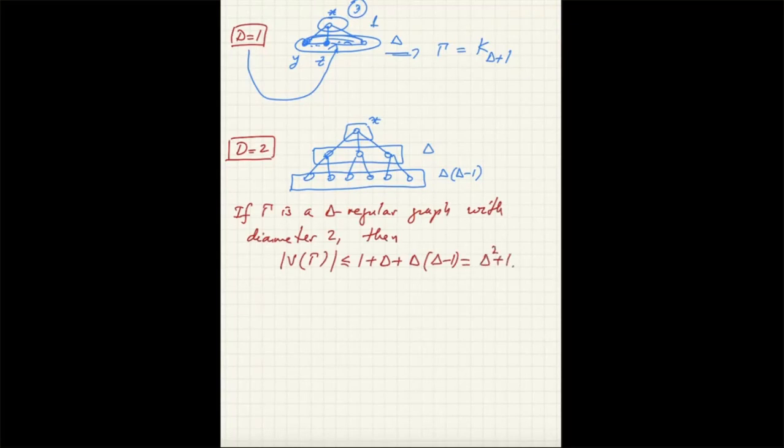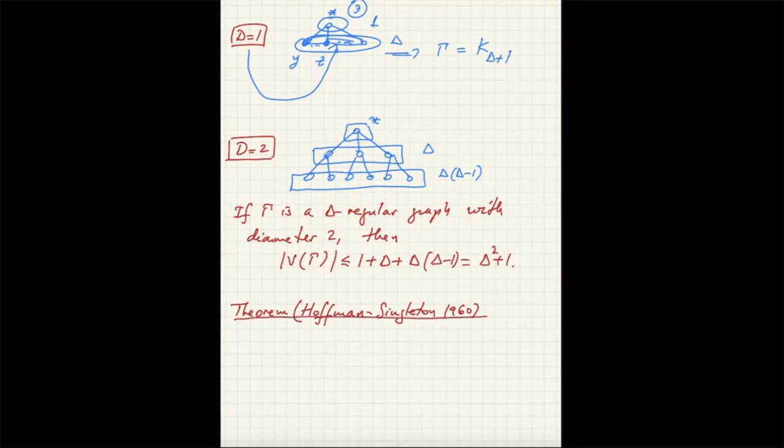Okay. So now what we would like to do is understand what happens if equality is attained here. What can we say about such a graph? We are going to prove the following famous theorem in spectral graph theory, in graph theory and combinatorics, which is due to Hoffman and Singleton from 1960.